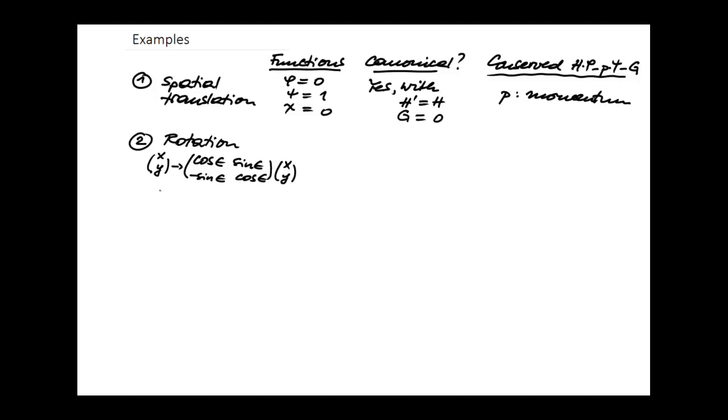The momentum components x and y rotate in the same fashion, with the same matrix cosine epsilon, sine epsilon, minus sine epsilon, and cosine epsilon applied to px and py.